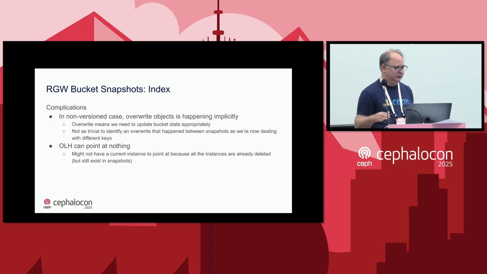But now we have a new dimension. The previous one might have been at snapshot 3, and the next one is in snapshot 4. It's not the same instance as far as the index is concerned. So that's something that had to be taken care of.